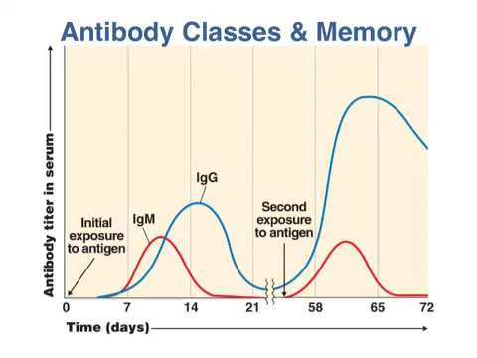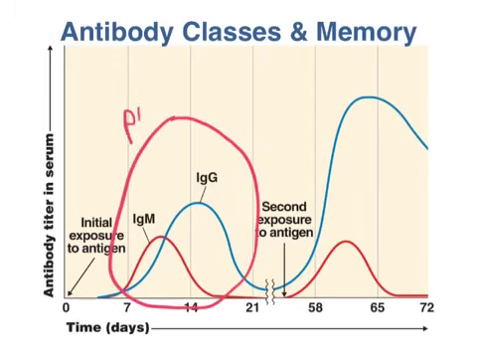So in a primary response, on your first exposure to antigen, you make a small amount of IgM first, and then over time, you make greater amounts of IgG. So you switch to IgG.